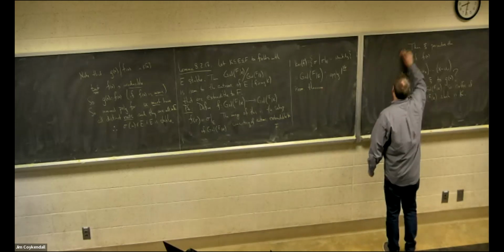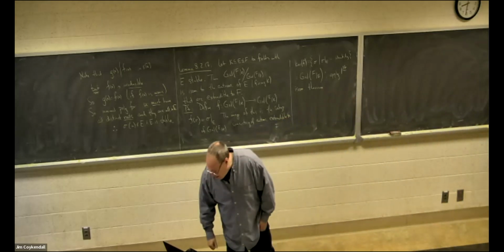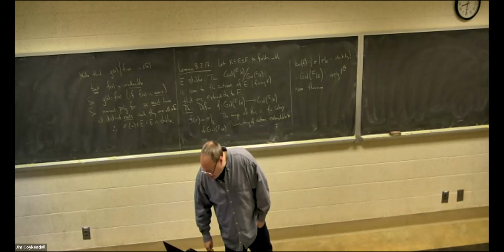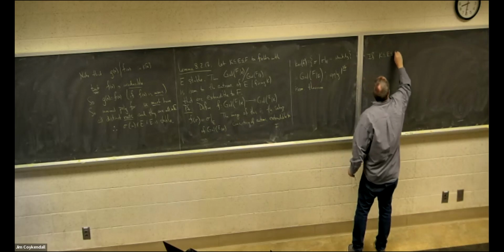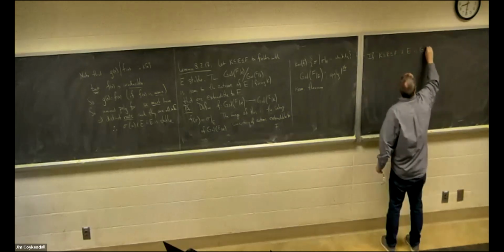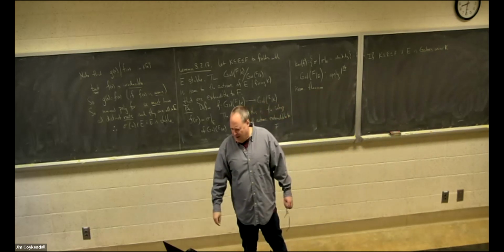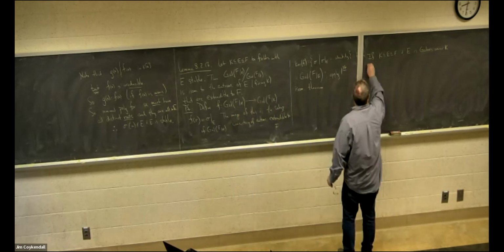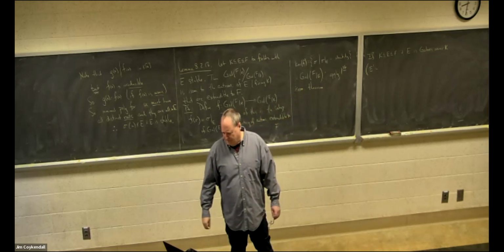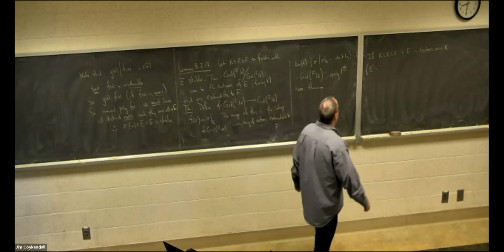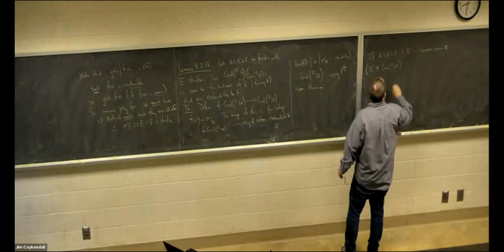If E is an intermediate extension that is Galois over K, then remember the condition we have: E prime must be normal in G. That's what we needed.